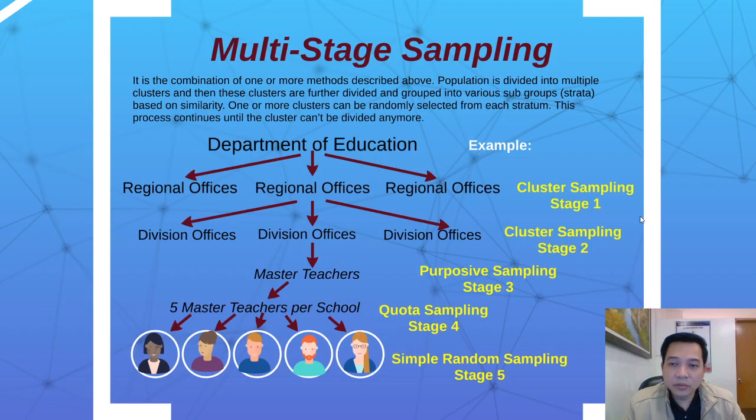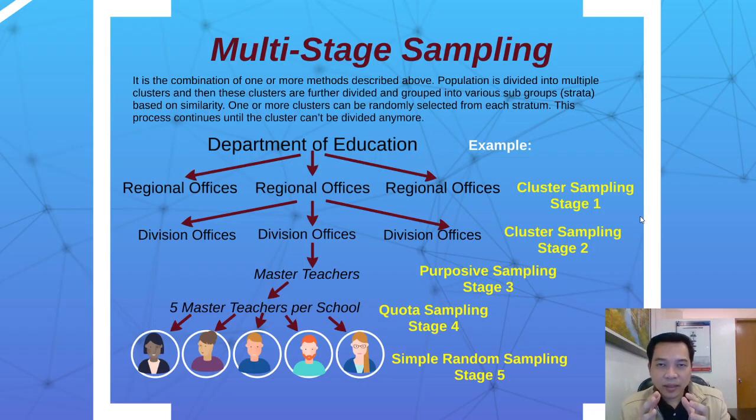Then that will be your first cluster sampling stage. Your stage one will entail cluster sampling. You will be taking master teachers from every region. And out of every region, you will also equally take respondents or participants from every, let's say, division or province or city division. That's stage two of the cluster sampling.